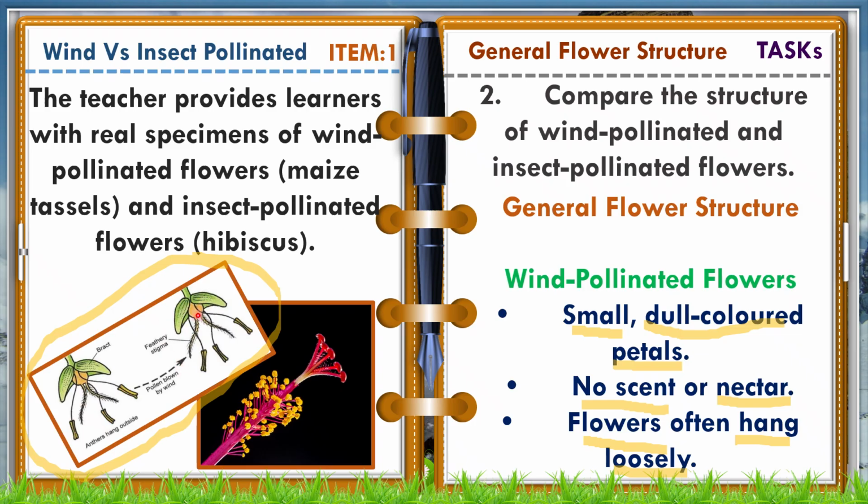So they don't need to have colored petals because they don't attract insects. They are pollinated by wind. Therefore, there is no need for scent, there is no need for nectar. And they are hanging loosely so that they are exposed to moving wind, so that wind can carry out the pollination.